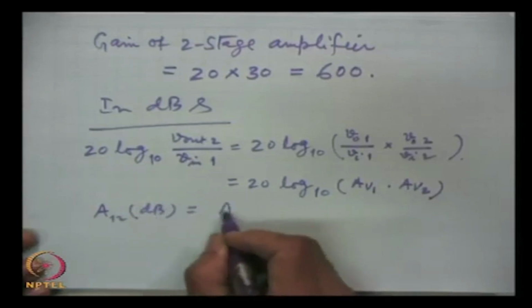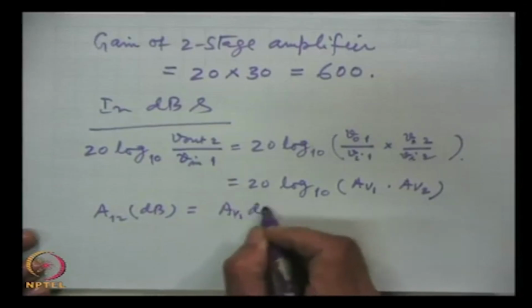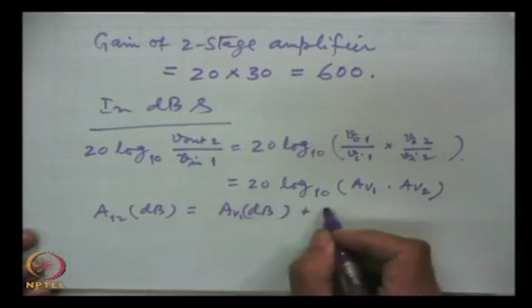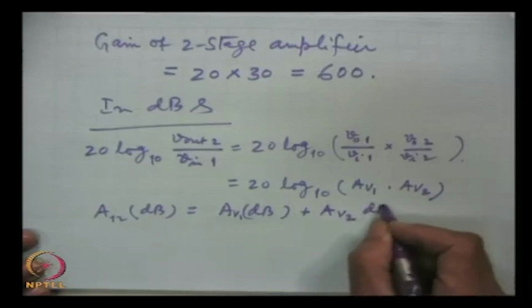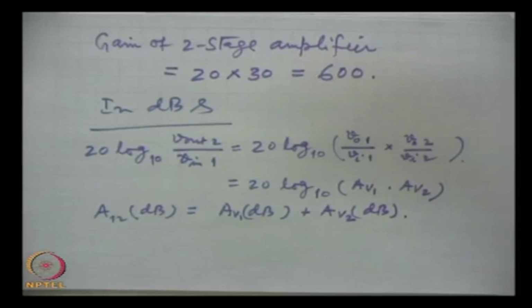This is A V 1 in dBs plus A V 2 in dBs, additive. And we are for simplicity considering only 2 stages. Actually there can be many stages.